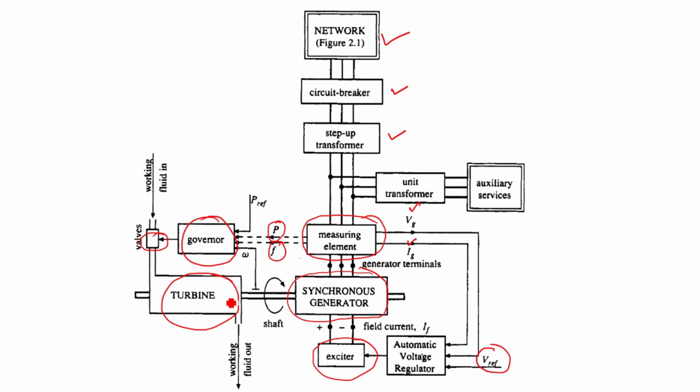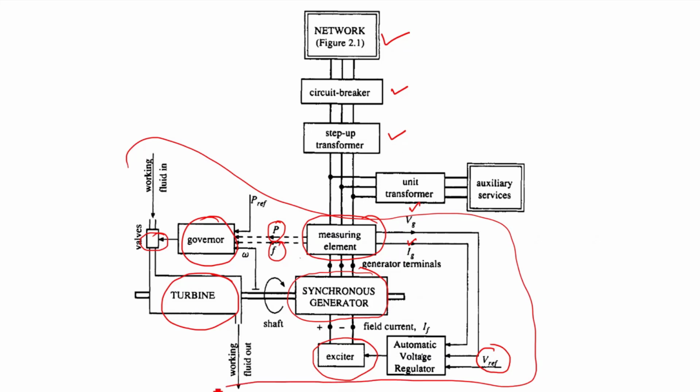If it is a hydro turbine, the working fluid is water. Similarly, in the gas turbine, the gas is the working fluid. So now this is the whole unit of the generator, working in coordination with all its elements: exciter, turbine, governor, and of course the measuring elements play a very important role to give the feedback signal.